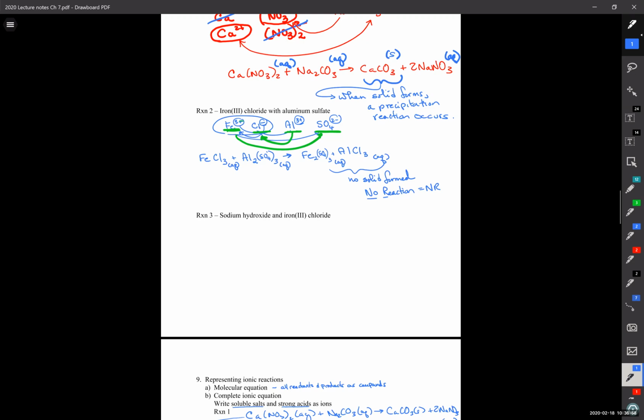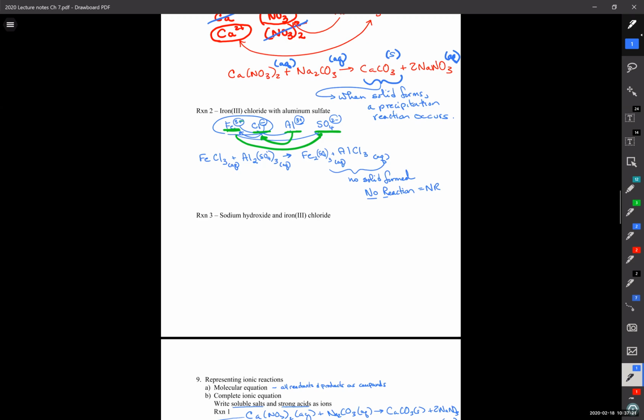Oh no, here. Because this is 3 plus, right? And this is 1 minus, right? So how many in this thing? No, as the reactant. So when you're writing this as a reactant, this is 3 plus, this is 1 minus, right?